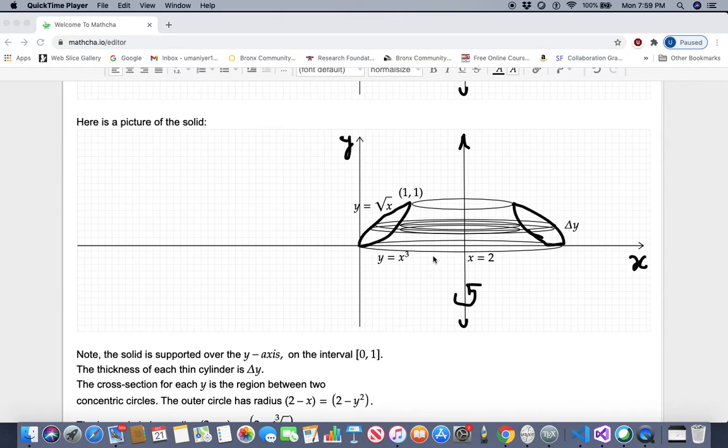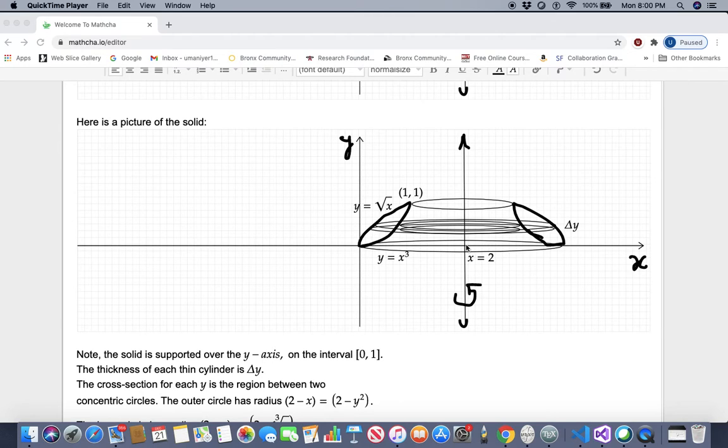Now, what is the outer circle? I'm going to measure the radius from the center. If I go to the outer circle, what's that radius going to be? Here is 2. From all the way to 2, the entire distance, I'm cutting away this much distance, and that was the x coordinate. So from 2, I'm taking away the x coordinate.